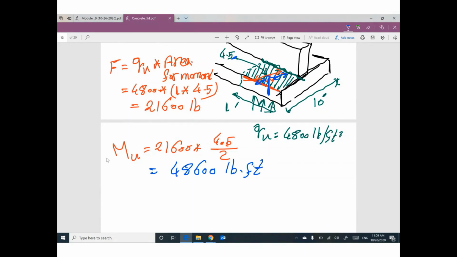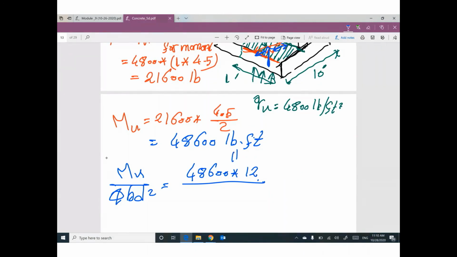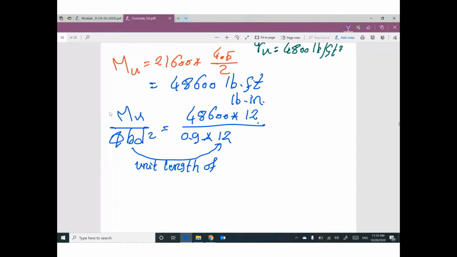I am done. M ultimate divide phi B D square. M ultimate is 48,600, but must be multiplied by 12 because this value must be pound inch. Do you remember? Phi 0.9. B is the unit length of the footing. So unit length is 1 feet, which is equivalent to 12 inch.